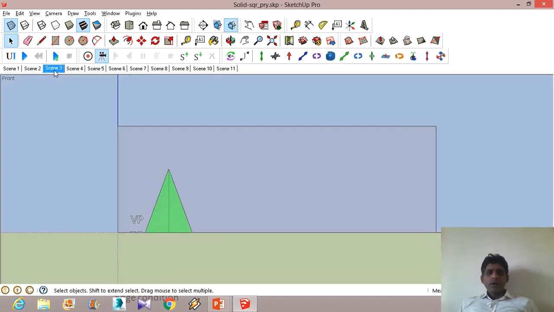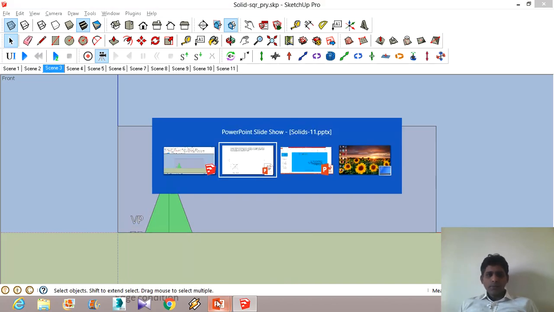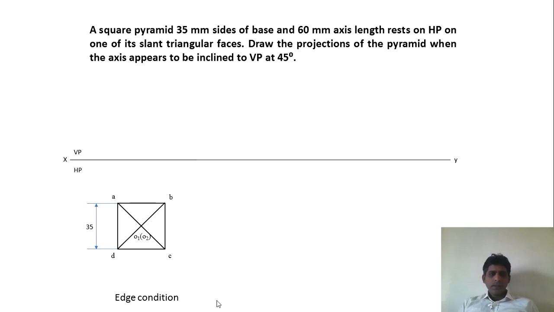Let us try to draw the front view. The front view would typically look like this. We have to go to the presentation for this. Take the projectors from all the points as shown here. Then you draw the axis. The length of the axis is 60 mm and join the points.